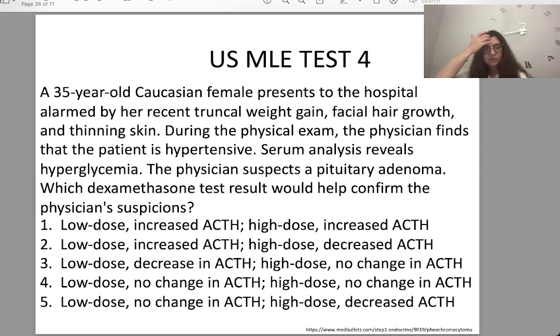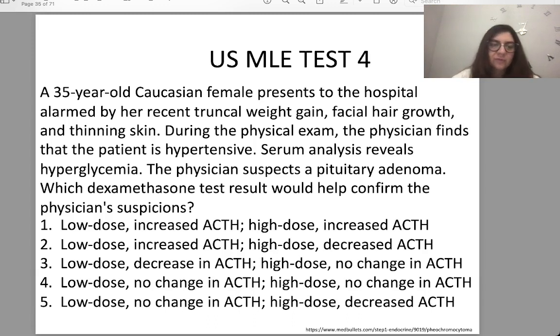Next test for you. A 35-year-old Caucasian female presents to the hospital alarmed by her recent truncal weight gain, facial hair growth, and thinning skin. During the physical exam, the physician finds that the patient is hypertensive. Serum analysis reveals hyperglycemia. The physician suspects a pituitary adenoma. Which dexamethasone test result would help confirm the physician's suspicion?